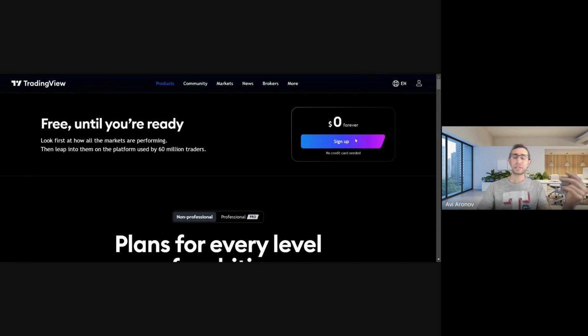So if someone is tight on cash and wants to first learn more about trading and get their hands dirty with TradingView, you can do that and you don't need to pay while you learn. It's something I did when I started, because I didn't know if I would be committed to it or not.